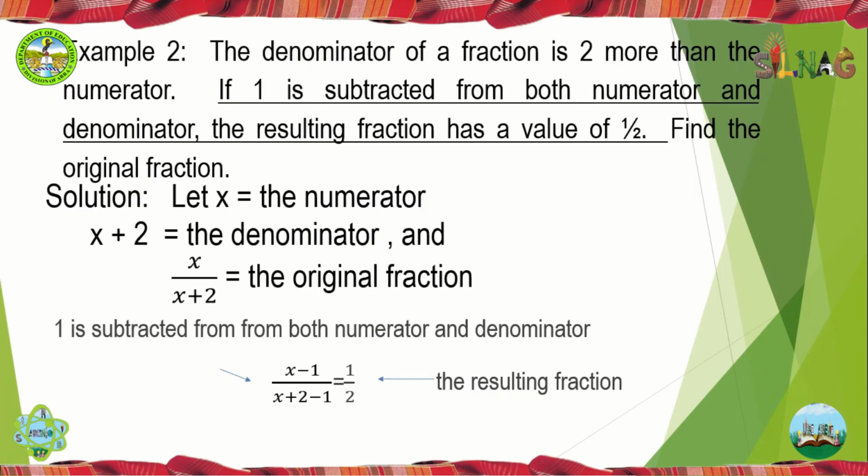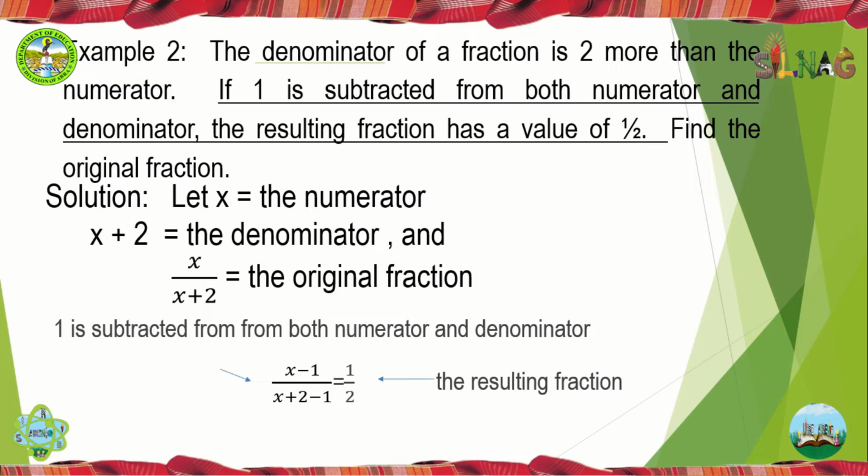So we have our example number 2. The denominator of a fraction is 2 more than the numerator. If 1 is subtracted from both numerator and denominator, the resulting fraction has a value of 1/2. Find the original fraction. The denominator is being described in the given problem.